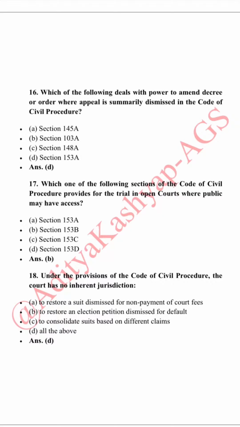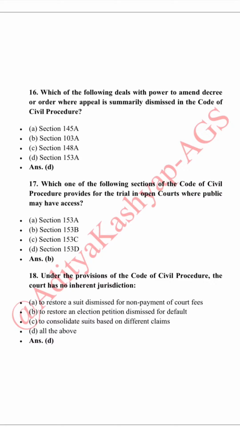Question number 17 says: which one of the following sections of the CPC provides for the trial in open court where the public may have access? So trial in open court is mentioned under section 153B, right? And what is in 153A? Power to amend decree or order where appeal is summarily dismissed.